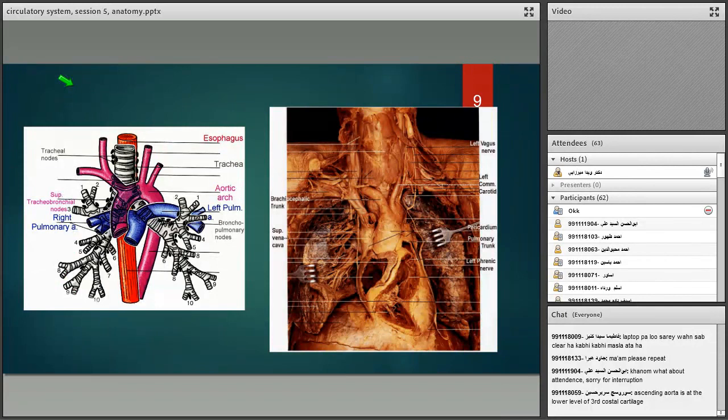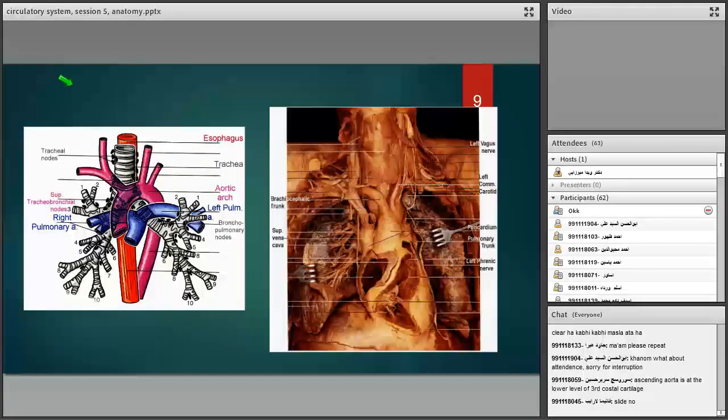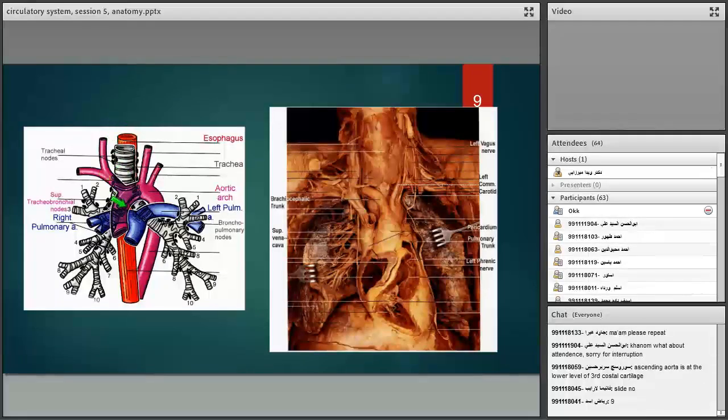The arc of aorta has 3 branches, one in the right side of the midline, and 2 of these branches are on the left side.